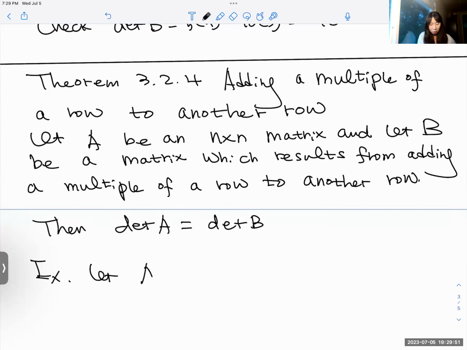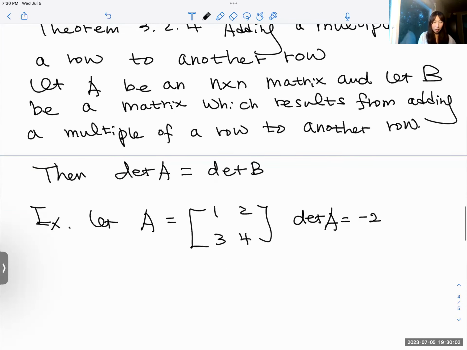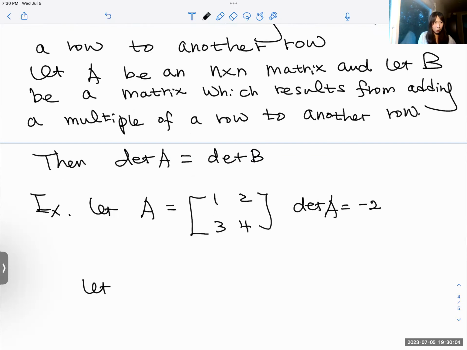So let A equal to 1, 2, 3, 4. We know this is the determinant of A, which is -2. Okay, now let B equal to 1, 2, 5, 8. Okay, how did we get this? So 1, 2 is the same.